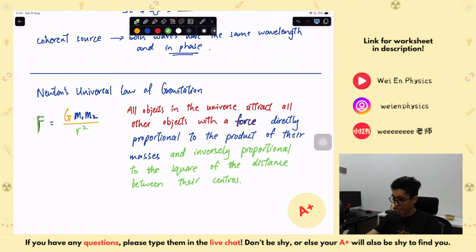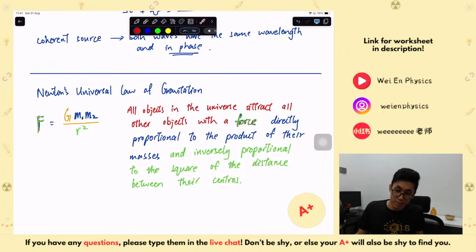So F is inversely proportional to the square of the distance between their centers. Yeah, so that's the third part.